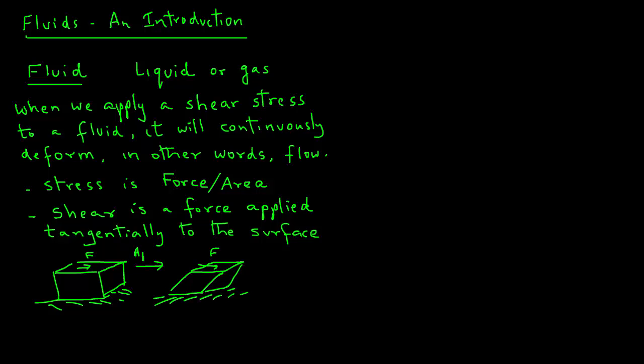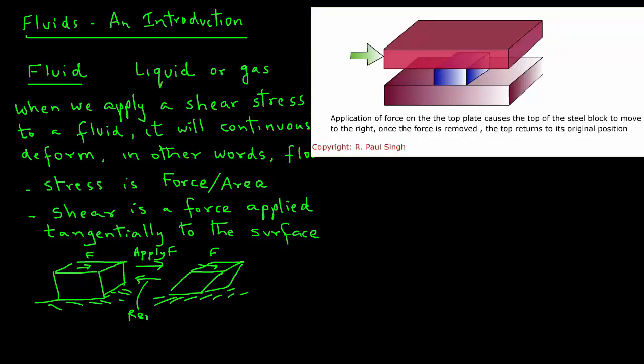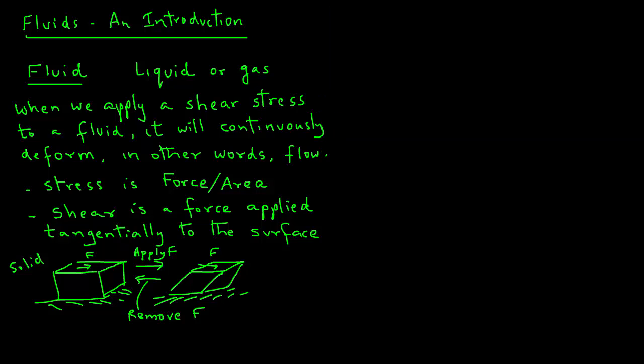However, if we apply a force on the top surface, we will deform the steel block. However, as soon as we remove the force, that top surface comes back. So that is the property of a solid, that when we apply this shear stress, although it deforms, it comes back to its original shape.